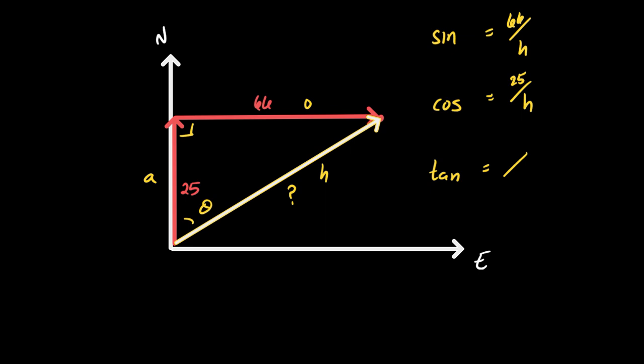And tangent is opposite over adjacent. Now, I am well aware that you can find the hypotenuse without doing any of this trig. I'm intentionally showing you how to do this with trig. Does everybody understand?